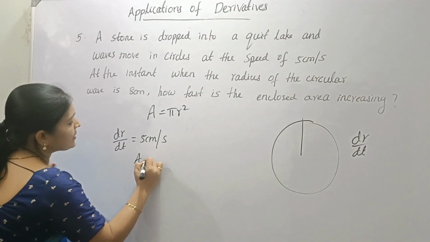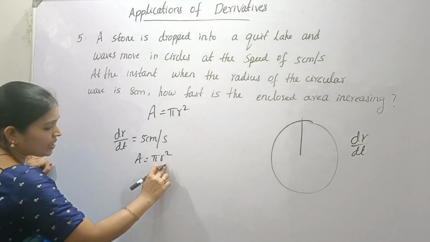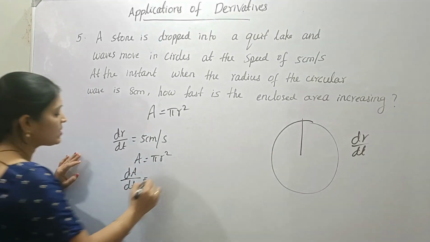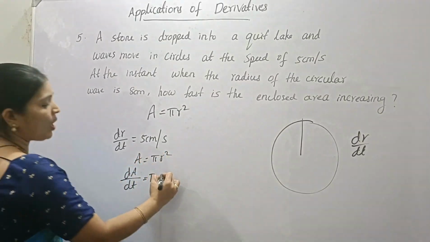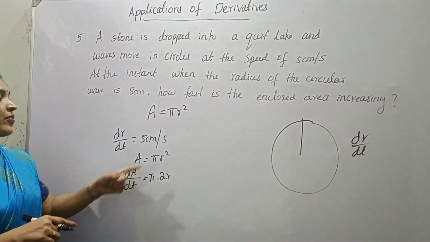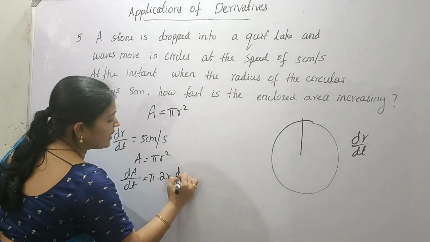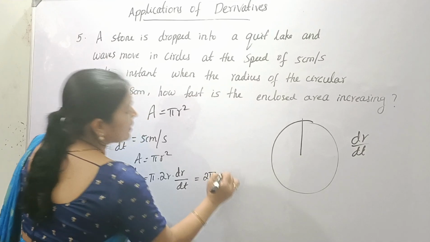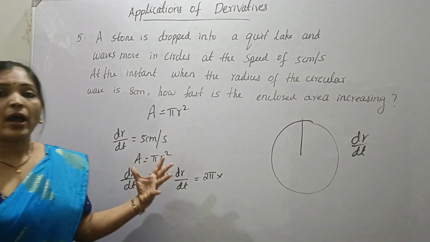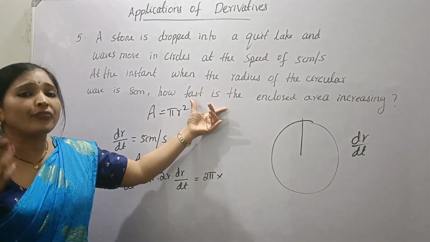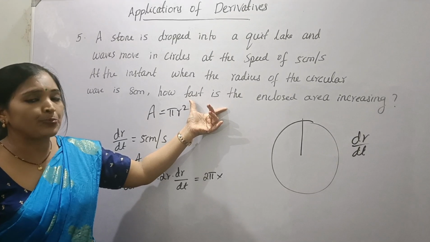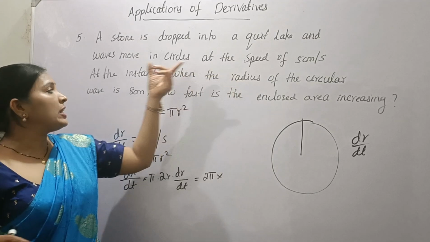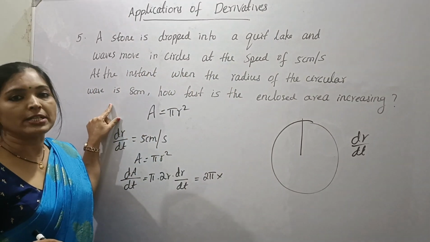A is equal to pi r square. Differentiate with respect to t. dA by dt is equal to pi into 2r into the derivative of r with respect to t, that is dr by dt. That is equal to 2 pi r dr by dt. We are asked to find the rate of change of area when the radius of the circular wave is 8 centimeter.